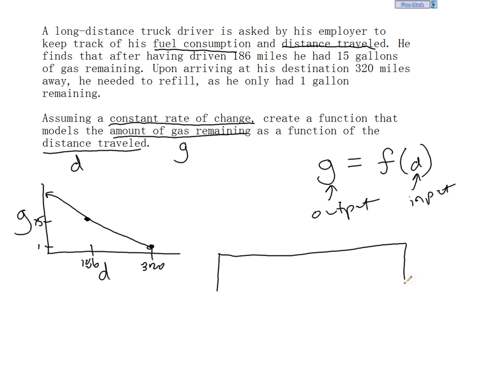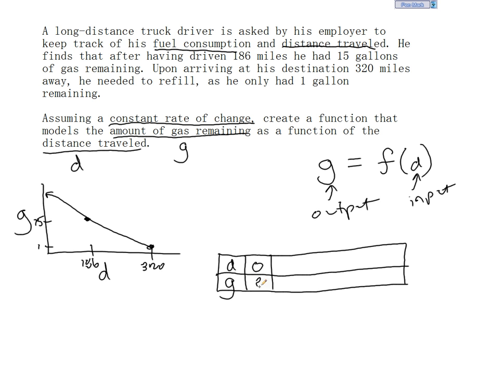What do we have? So we know that we're going to be modeling our input, which is distance, our output, which is gallons, and we don't have the initial, how many gallons we had at the initial distance. We're going to need that.